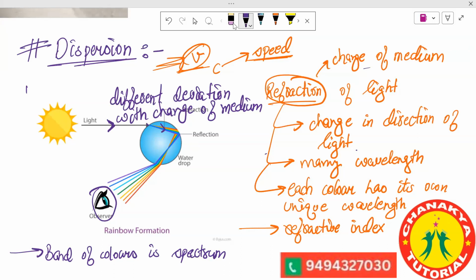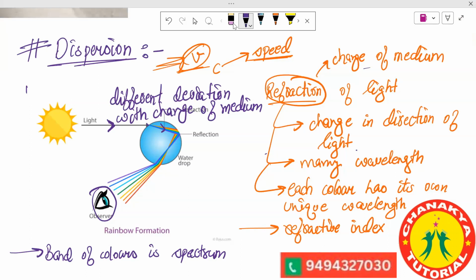So this light is... Sir, again there is a part called reflection, right? After the light is separated into the different colors, does it reflect with the wall of the water droplet? Yes, I will explain in the next class. Right now, just... Sir, also after reflection, why is there a change in the direction again?